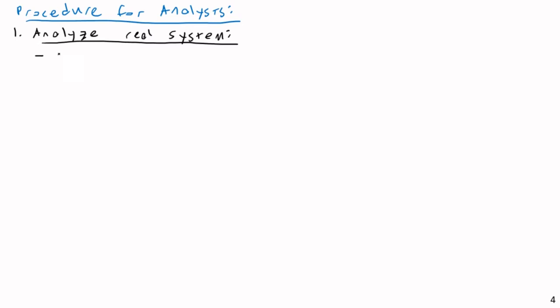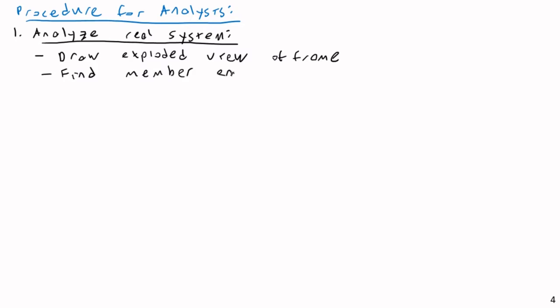Well, you need to draw the exploded view of the frame, find the member end forces, and step 3 under analyze the real system, calculate m as a function of x for each member.